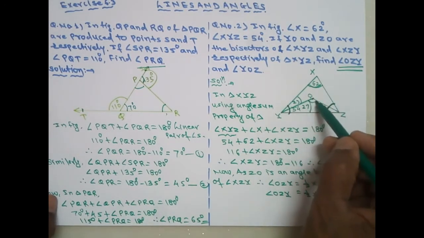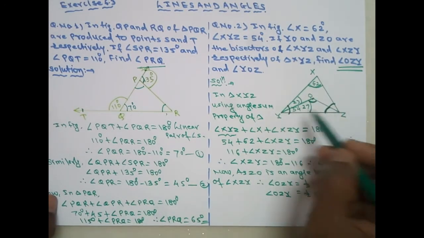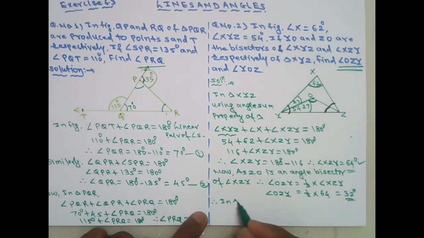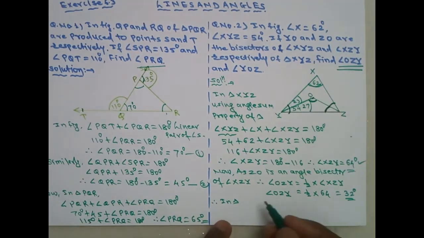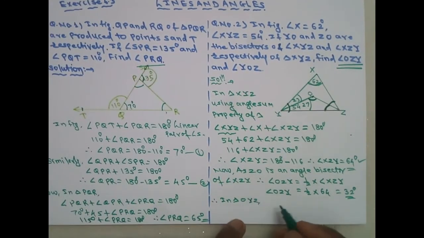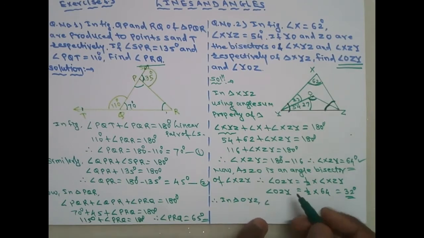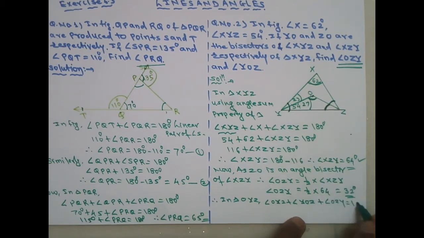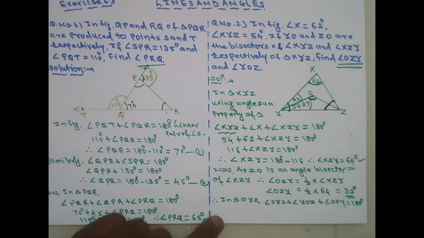YOZ, this angle again. So this is 32 plus this is 27. Now in triangle OYZ, angle OYZ plus angle YOZ plus angle OZY equals 180, again using angle sum property of a triangle.